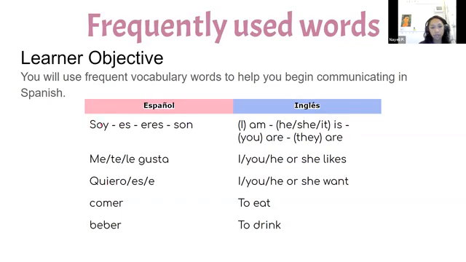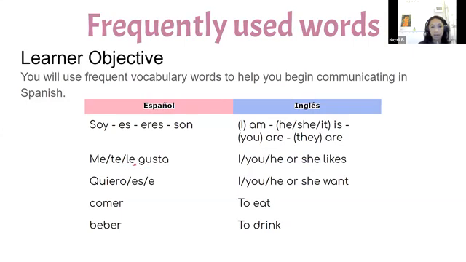Soy, soy, I am. Es, he is, she is, or it is. Eres, eres, you are. Son, they are. Me gusta, I like. Te gusta, you like.